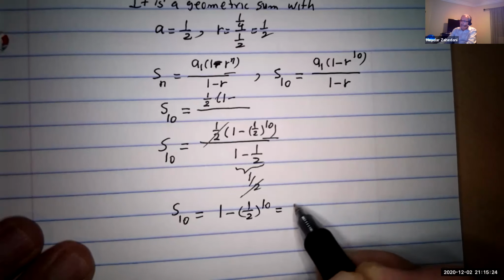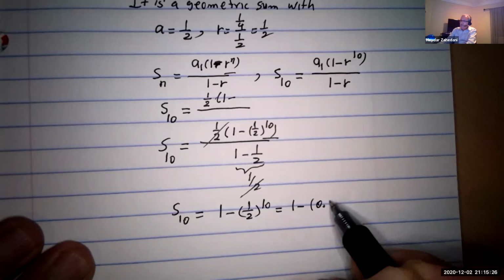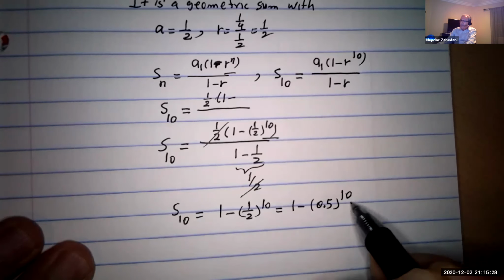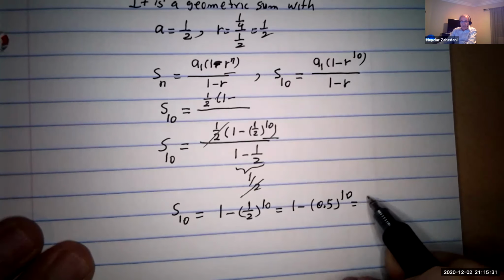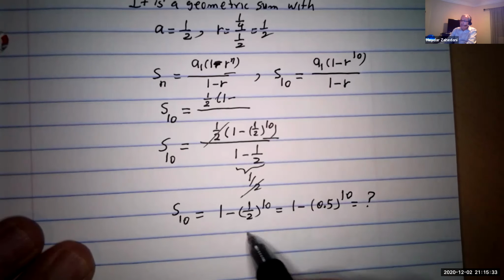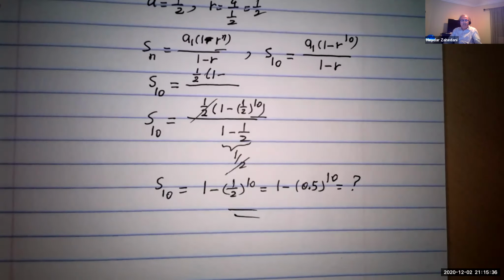You can use your calculator. So 1 minus 0.5 to the 10. We can use your calculator to find the actual number. I don't have the final answer here, but you can use your calculator, just leave it as is. But on the test we expect you to apply it, get your calculator and find the numbers.